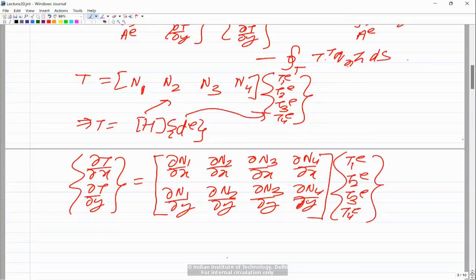So this is what we now call B into De, the temperature gradient matrix. So this matrix is B. We are using the same notation that we have been using so far.